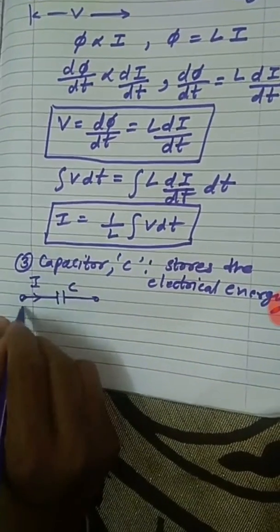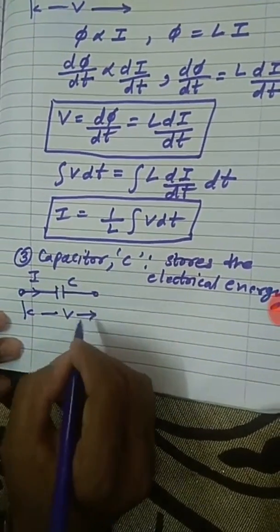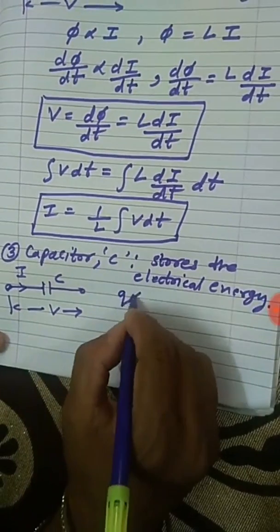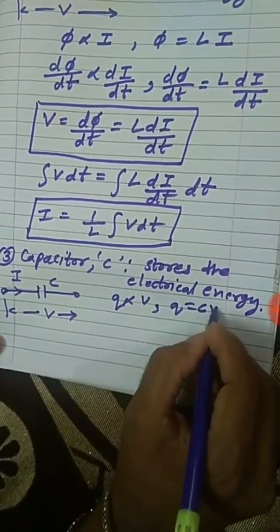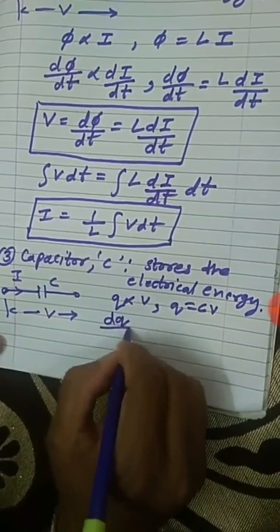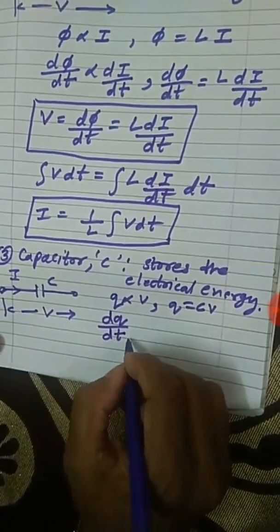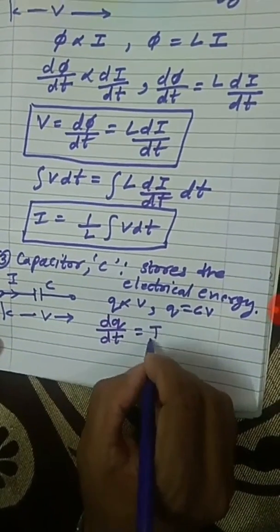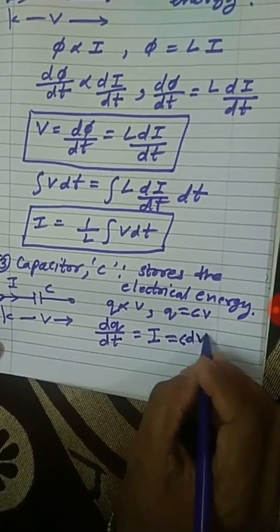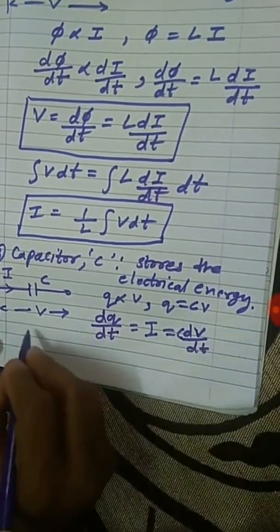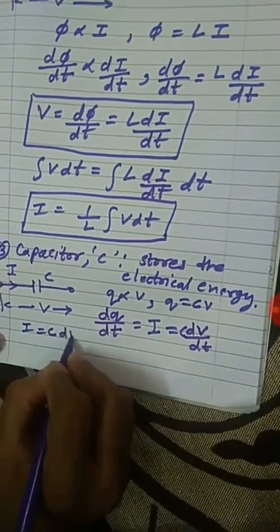Current I is flowing. The voltage drop across this is V. So what I can write, Q is proportional to V, or I can write Q is equal to CV. So if I am taking rate of change of this charge with respect to time, this can be denoted by I, current. This is equal to C dV by dt. So current is equal to C dV by dt.